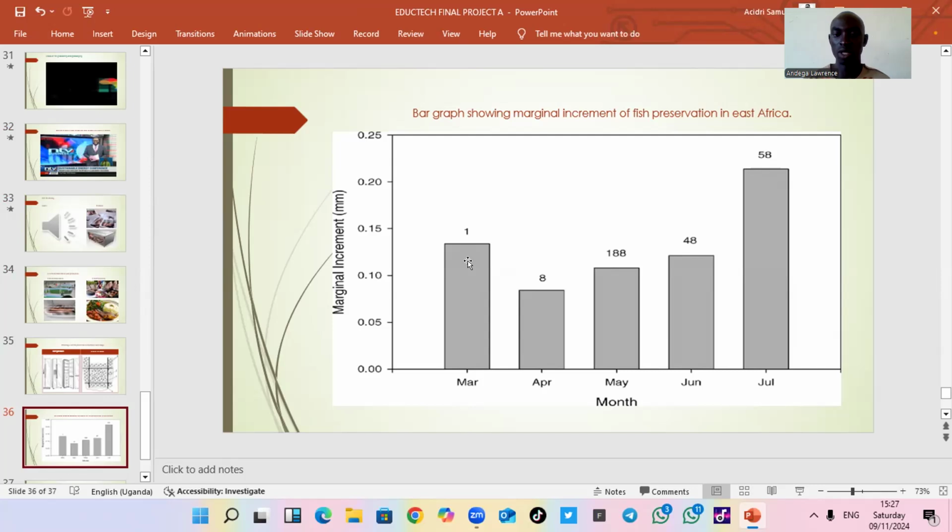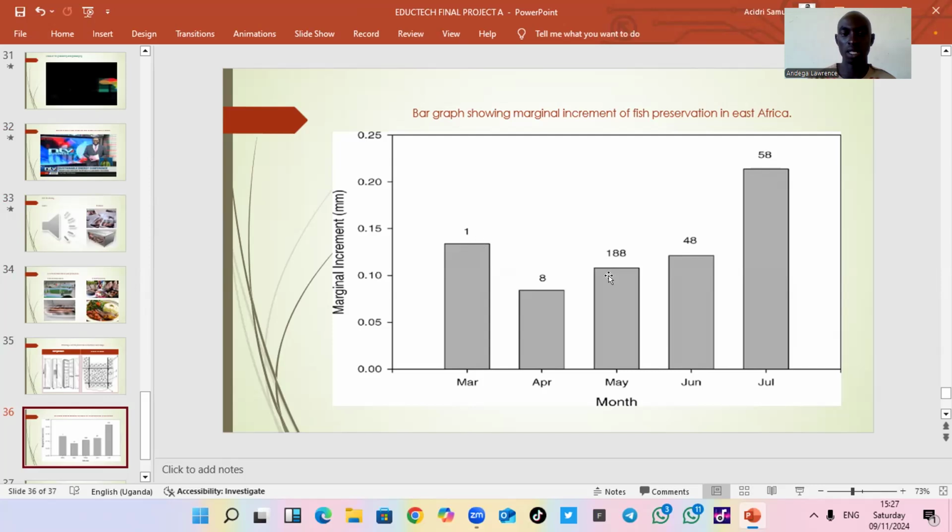In the month of June, it was 48. In the month of July, it was 58. So that means in July there was so much increment, especially in preservation of fish.